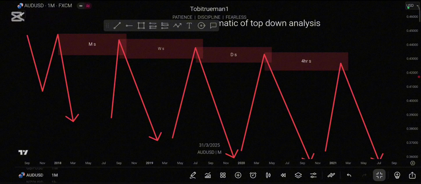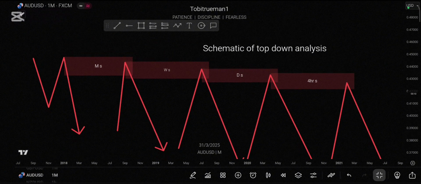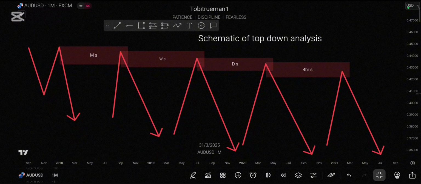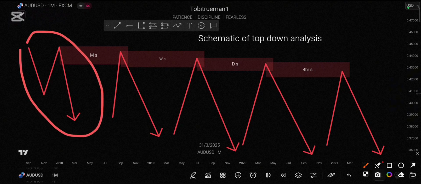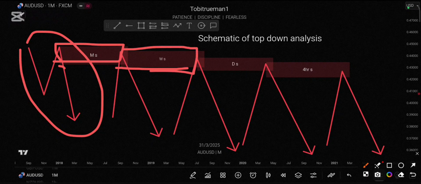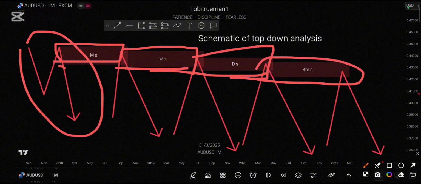Now this is just what I mean. We can see that this is just a brief schematic of top-down analysis. Like I've explained, let's assume this is the chart on the monthly time frame. Then we'll look at the chart on the weekly time frame, the supply zone on the daily time frame, and the supply zone on the 4 hour time frame.